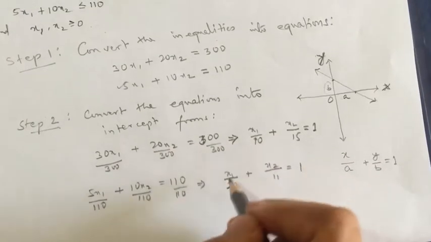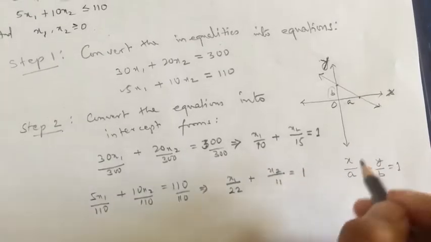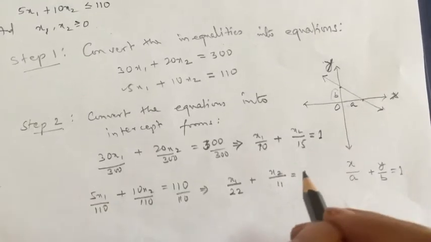Now this is also in the intercept form, x by a plus y by b equals 1. So this will be very easy while plotting in the graph.